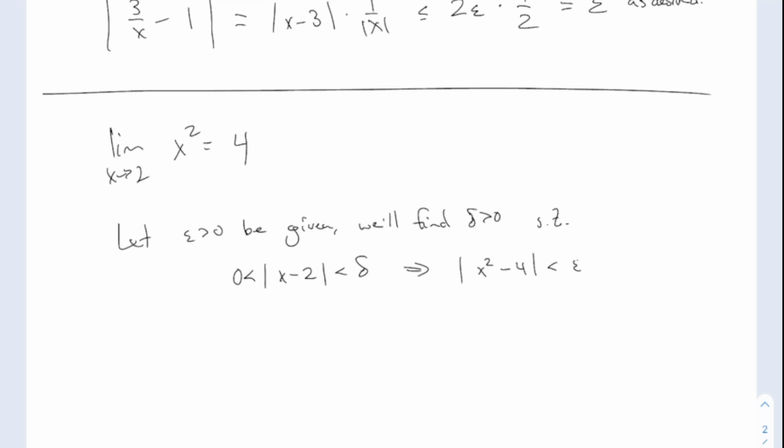This means, the way that I think of this is, well, I'm trying to look at this.